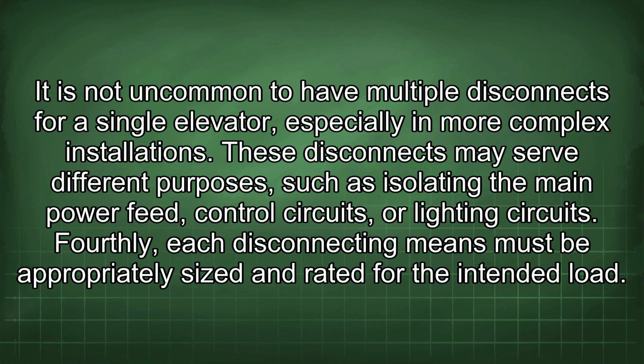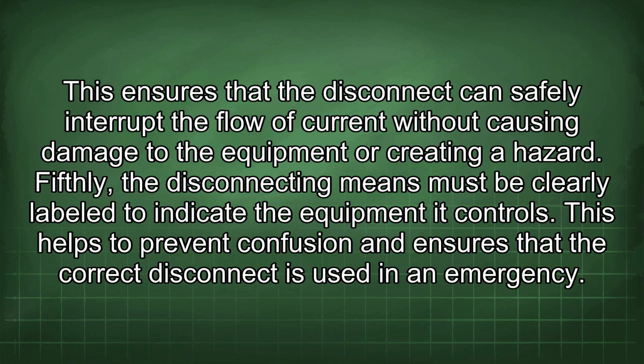Fourthly, each disconnecting means must be appropriately sized and rated for the intended load. This ensures that the disconnect can safely interrupt the flow of current without causing damage to the equipment or creating a hazard. Fifthly, the disconnecting means must be clearly labeled to indicate the equipment it controls. This helps to prevent confusion and ensures that the correct disconnect is used in an emergency.